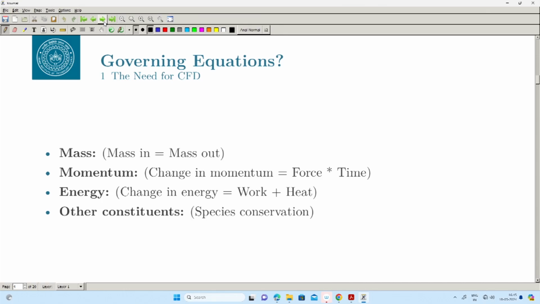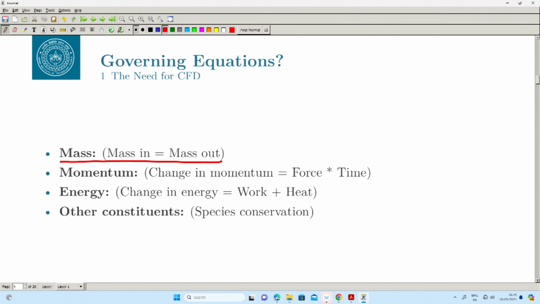Now, what are the governing equations when we talk about fluid flow? As we know, for any physical system, we have conservation equations. So, we can have the mass conservation, which means whatever mass is coming into a system has to go out.